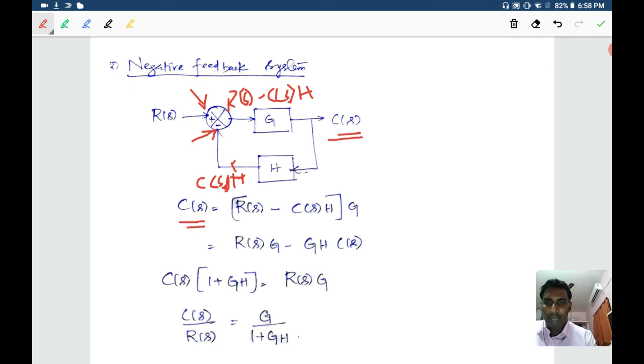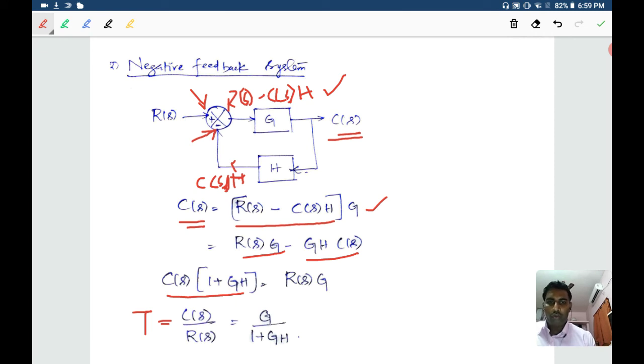So c of s can be written as r of s minus c of s into H, multiplied by the transfer function G. Multiplying this inside, it will be r of s into G minus GH into c of s. Taking all the c of s to one side, c of s into 1 plus GH is equal to r of s into G. So the transfer function c of s by r of s will be G divided by 1 plus GH.